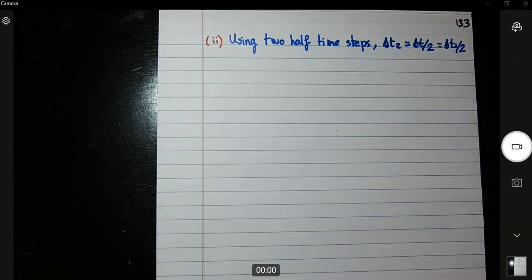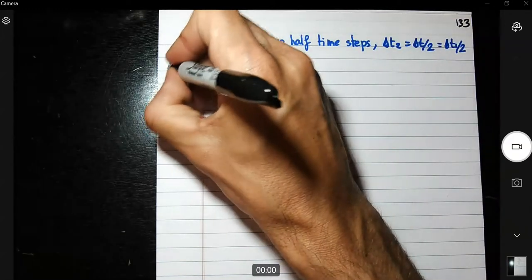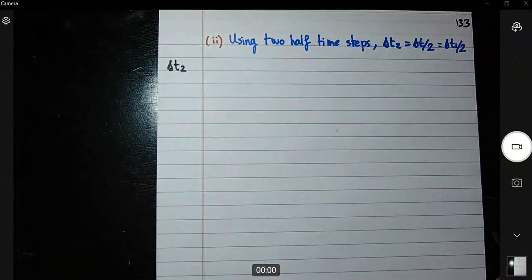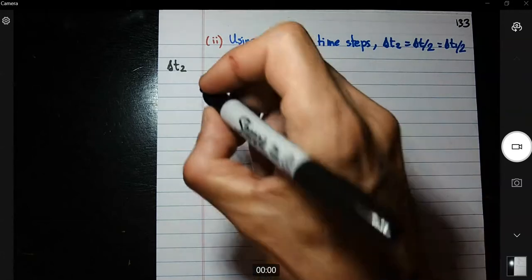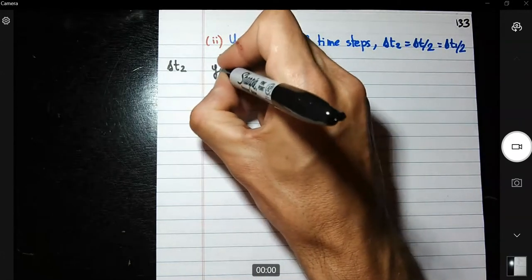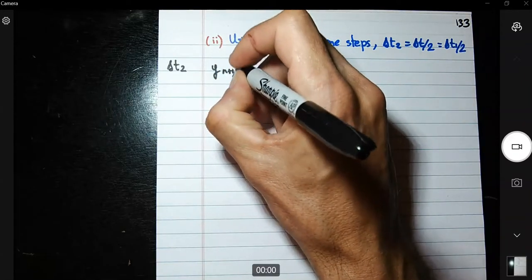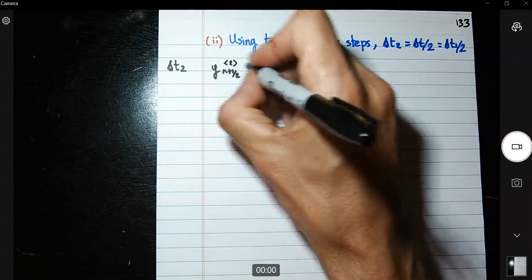So now using that relation, using delta t2, we can calculate y at n plus 1/2 time step of 2.